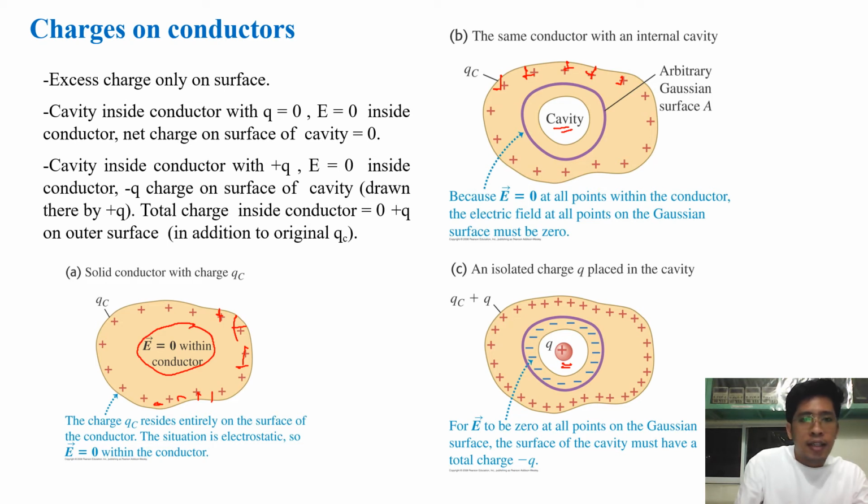The charge on the surface of the cavity is driven there by plus Q, so you have some negative charges here because they are attracted to your positive charge Q. The total charge inside the conductor is still 0 because these are balanced out. The negative charges were attracted to your plus Q, and the other charges are on the surface of your conductor.